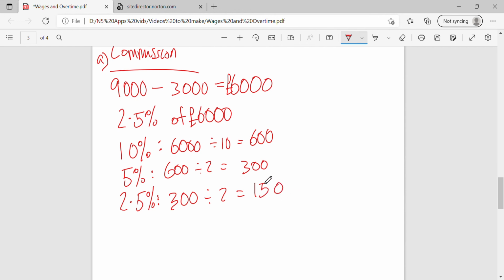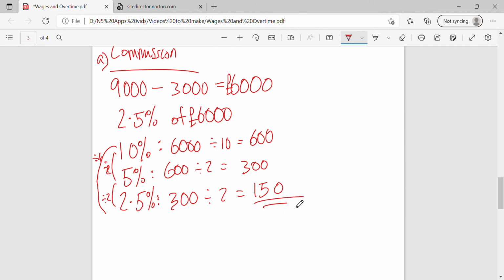Or you could have divided straight by 4. You could have done divide by 2, divide by 2, or you could have gone from one to the other by dividing by 4 in one step. Just whatever comes to you, I guess, in an exam situation or in class. So they earn £150 of commission on that.